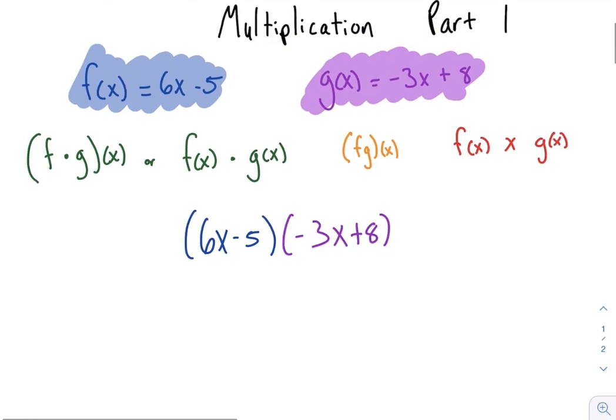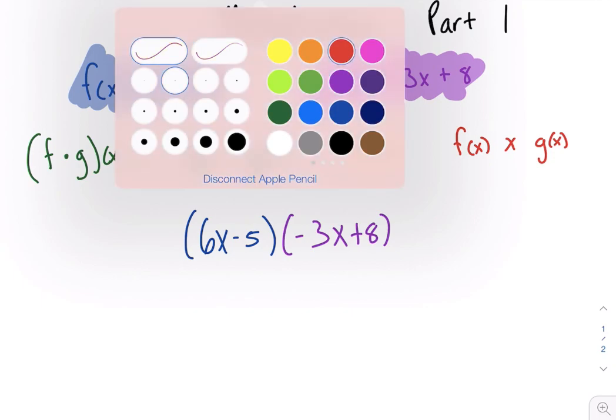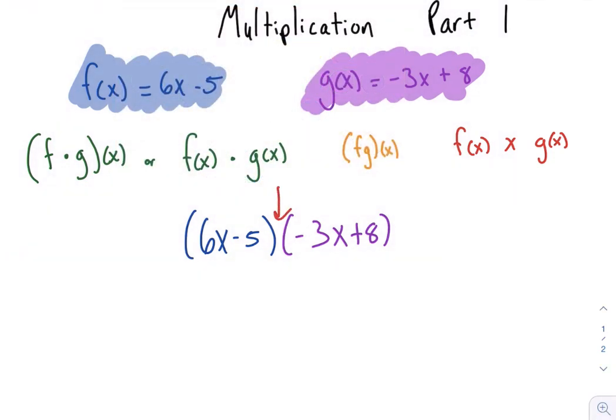Now, when it came to addition and subtraction, we would put either a plus or minus sign in between the 2 sets of parentheses, but with multiplication, we wouldn't put anything there. So that's something to kind of keep a lookout for. Common mistakes I've seen in the past, people get confused between adding, subtracting, multiplying, when to do which ones. So just be careful. Multiplying is when there is nothing between the 2 sets of parentheses with the functions.